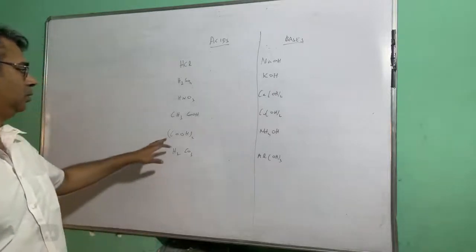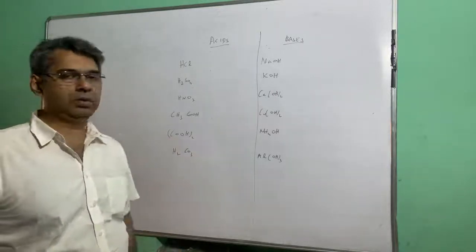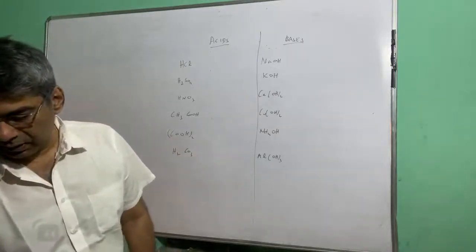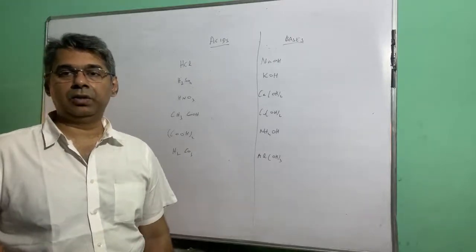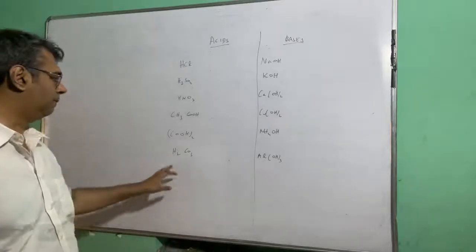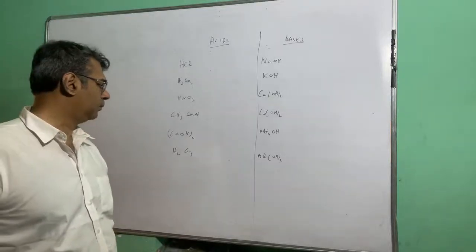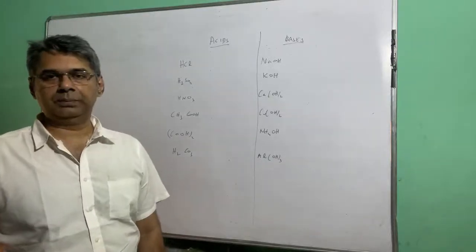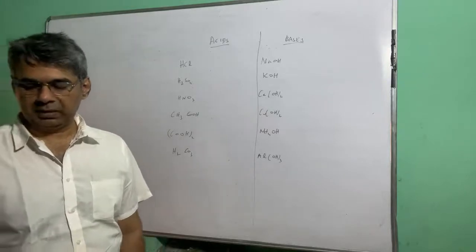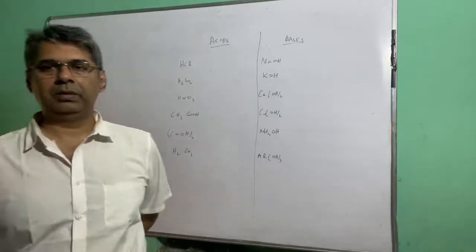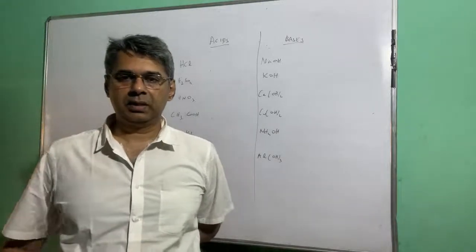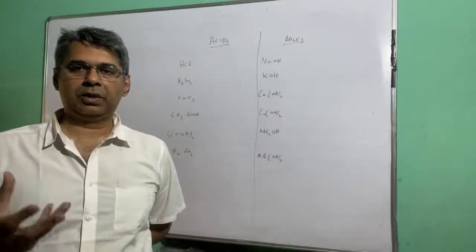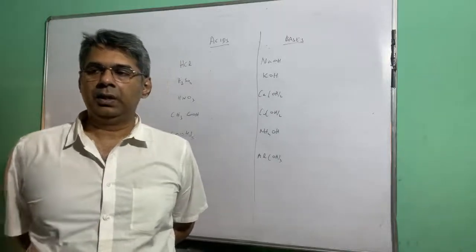Then you have (COOH)2. This is called oxalic acid, and oxalic acid is typically found in tomatoes. And then you have H2CO3, which is called carbonic acid. You have heard of soft drinks having a certain amount of fizz when you open the bottle.